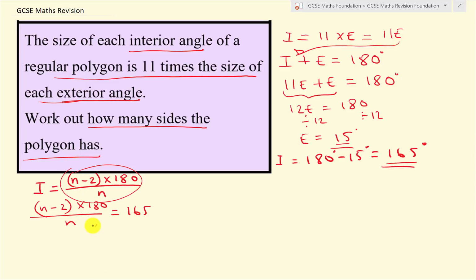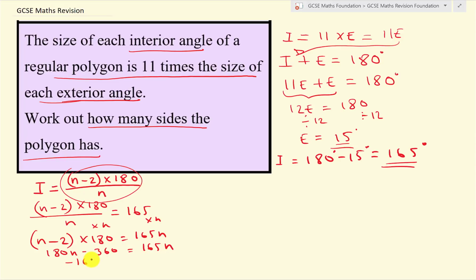Multiply by n both sides. n minus 2 times by 180 is equal to 165n. Let's simplify the left side, multiplying out the brackets: 180n minus 360 equals 165n.